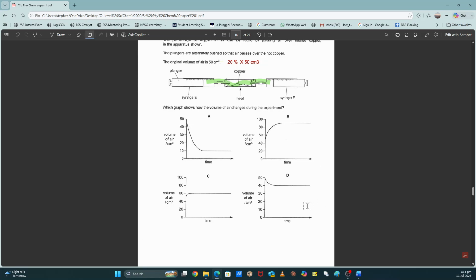Do you think only 10 is used up, or that means left with 40, right? That left with 40 centimeter cube of air because nitrogen will not be used up. Right, nitrogen will not be used. 20% is used up, 21%. All right, so 10 centimeter cube is gone. So that's why it's 50 drop to 40.